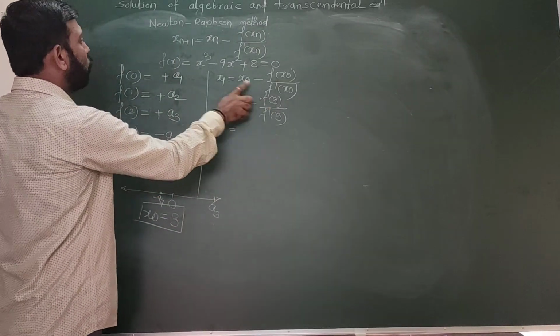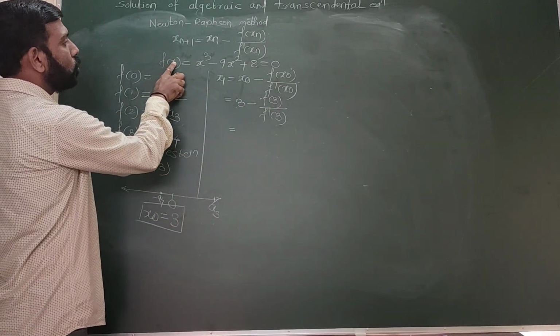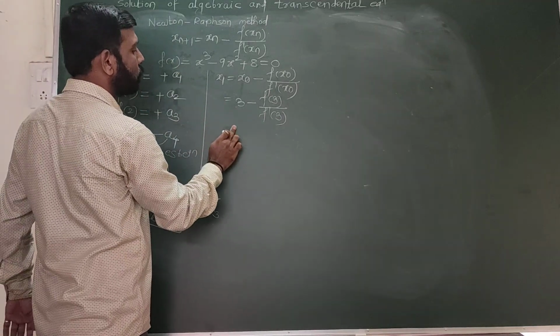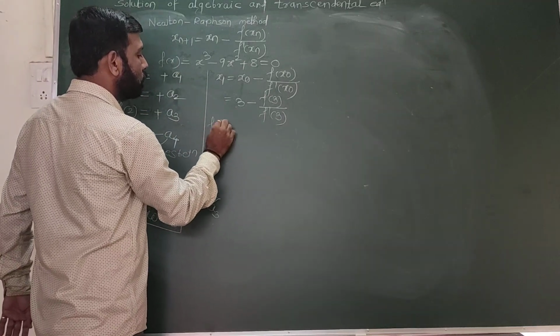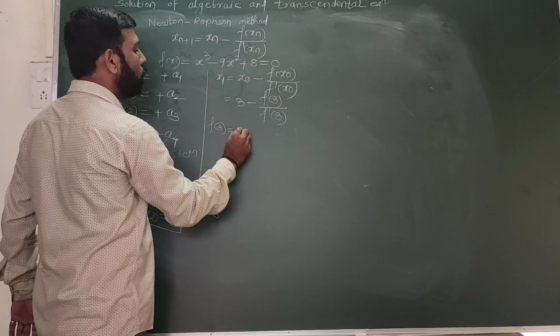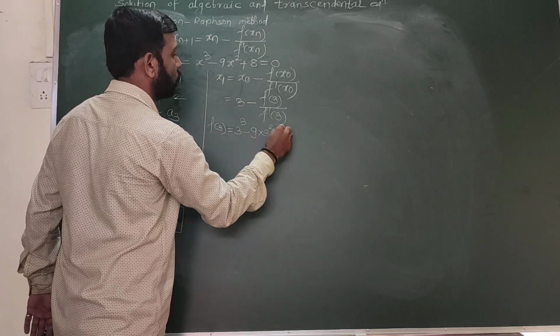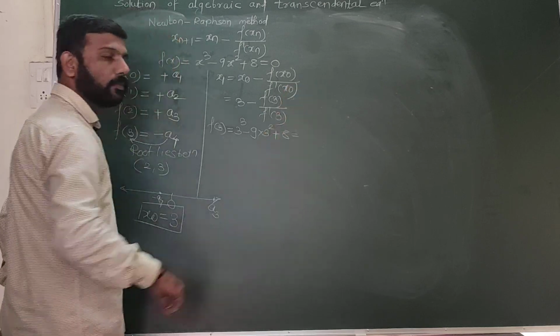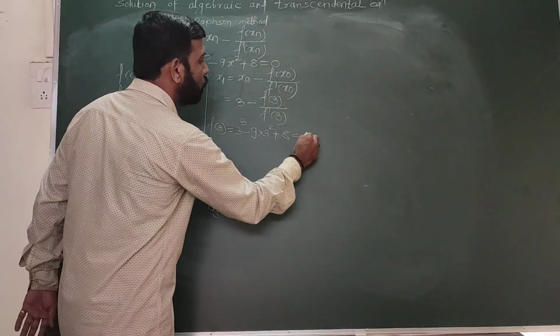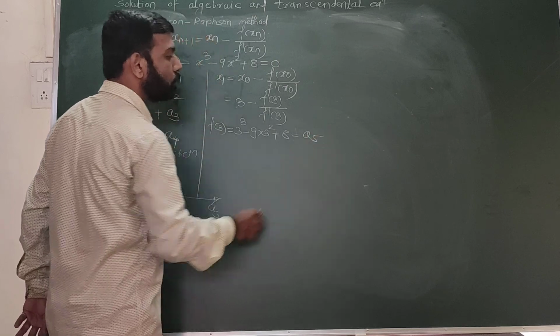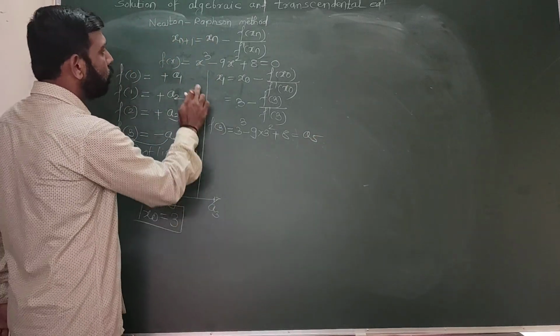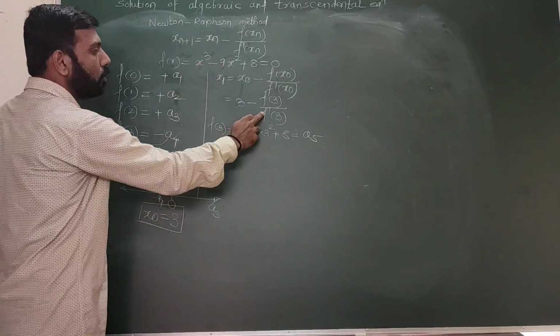Now calculate this f of 3 by substituting 3 in this polynomial, and suppose we get the value a5. Next, we require f dash of 3.